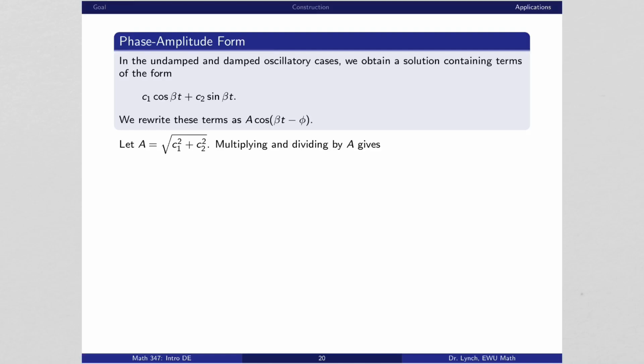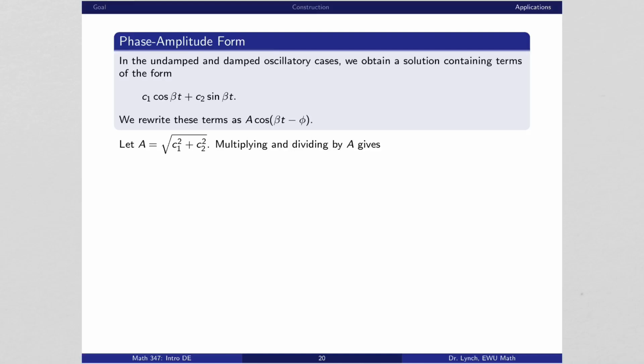It turns out that you can always rewrite this linear combination of cosines and sines as some constant a times a single cosine with a phase shift, with a shift phi. So we're replacing the constants c1 and c2 by the constants a and phi here.